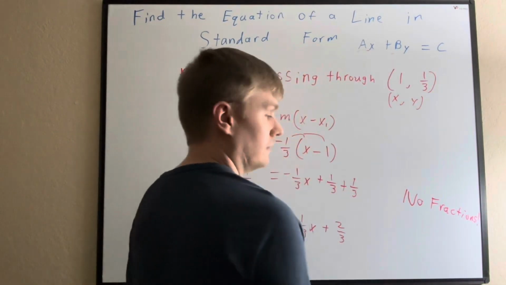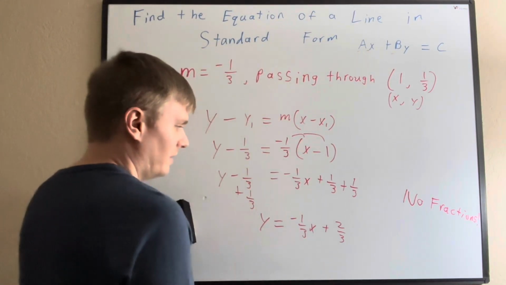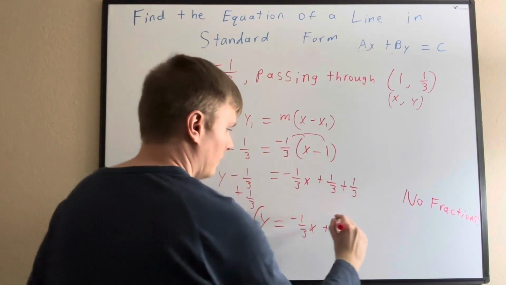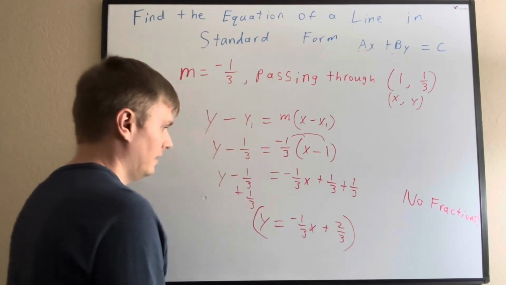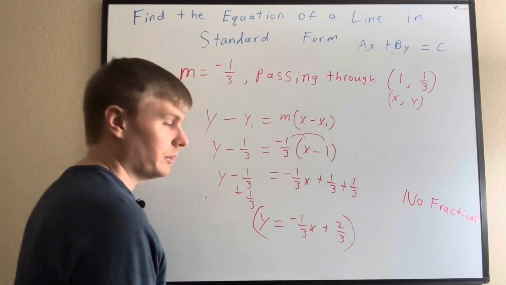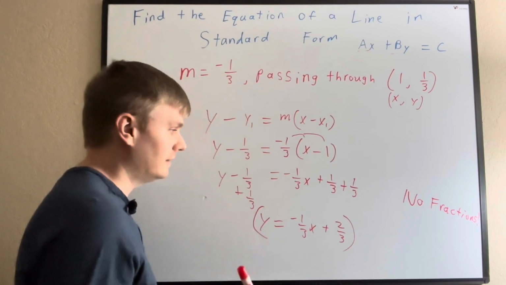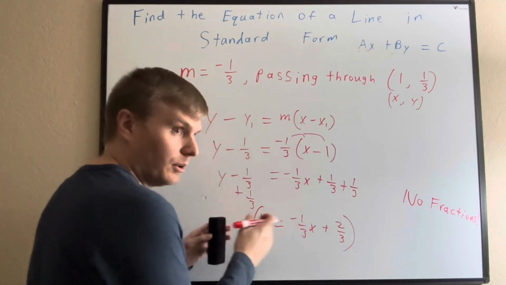No fractions in standard form. So how do we get rid of the fractions? We can multiply an equation by a number. Or actually, we're multiplying both sides by whatever number we want, right? That doesn't violate the rules of algebra, because we're doing it to both sides of the equation, right?